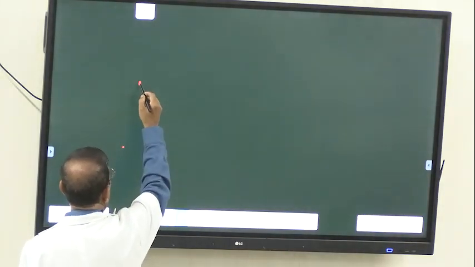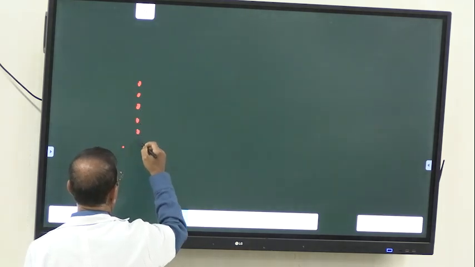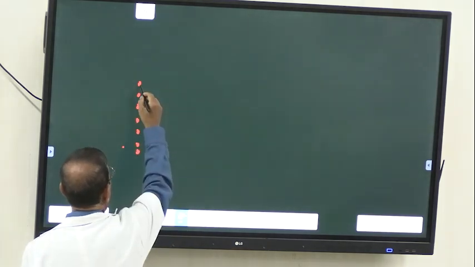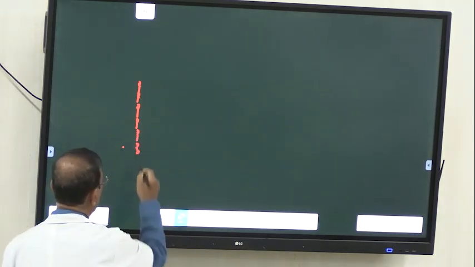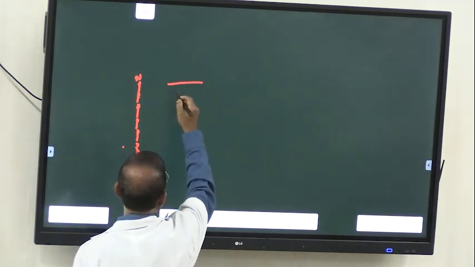So this is the primary structure. Secondary structure is coming like that.